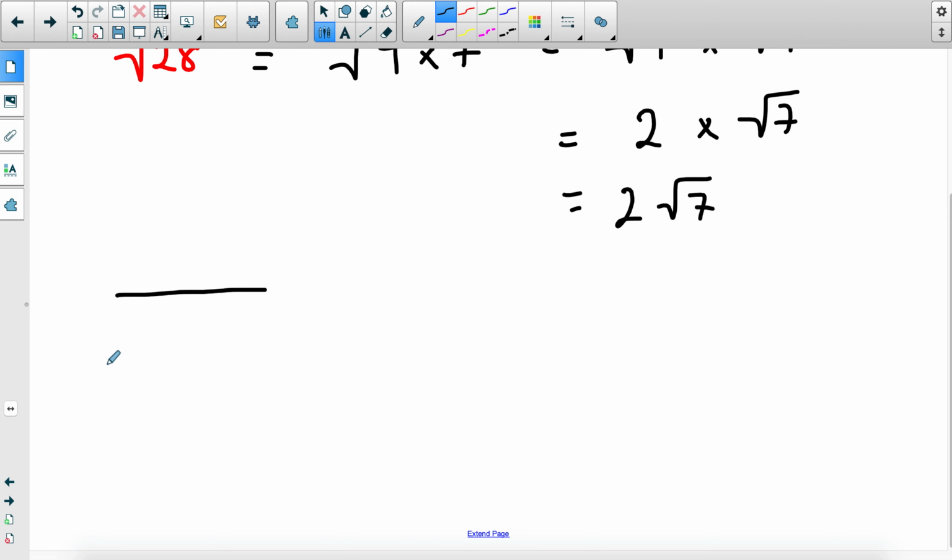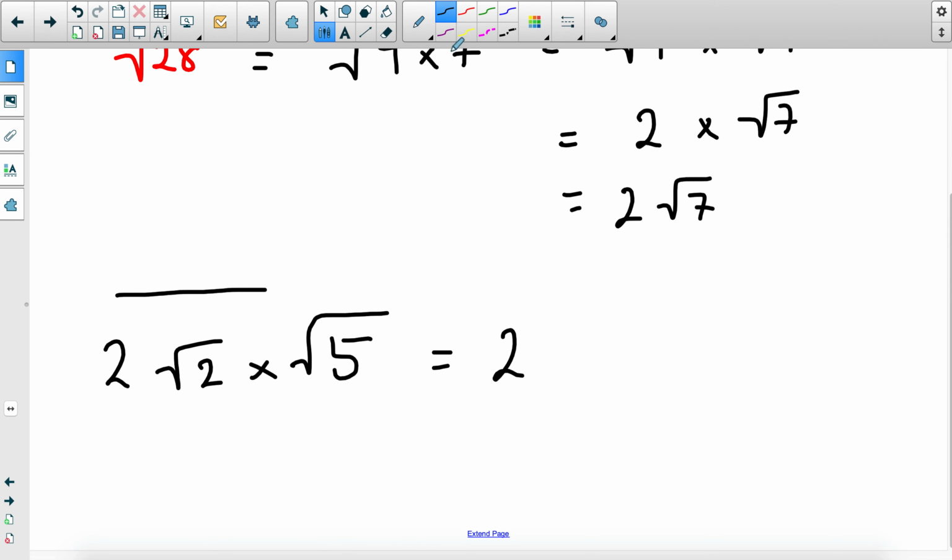I'm going to advance it slightly further and say, let's say you have 2 square root of 2 times square root of 5. Well, in this case, again, we're dealing with them like algebraic terms, so you're just going to multiply the coefficients. In this case, it's 2 times an invisible 1 here. So that's 2. And then you want to use the third property with these two surds.